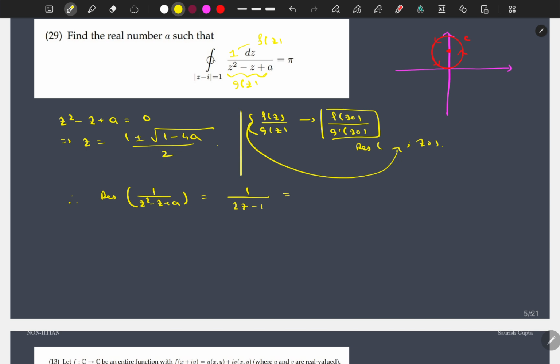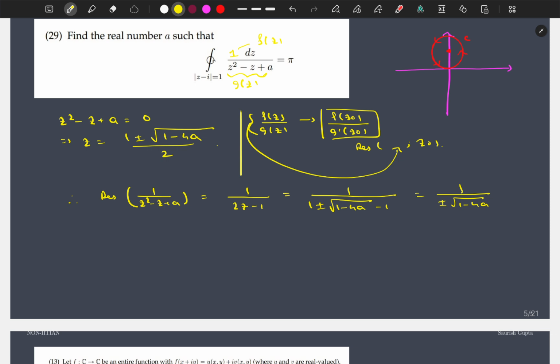So what should this be? This is 1 over 2 times this, which is 1 plus or minus the root of 1 minus 4a, minus 1, which is 1 over plus or minus the root of 1 minus 4a.